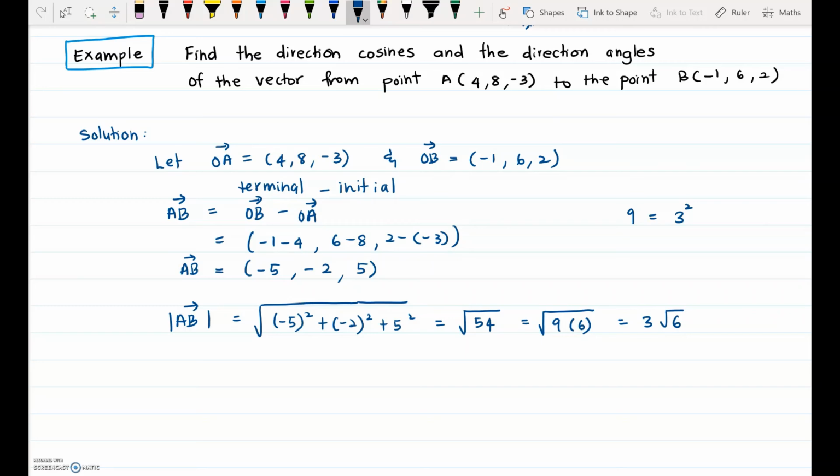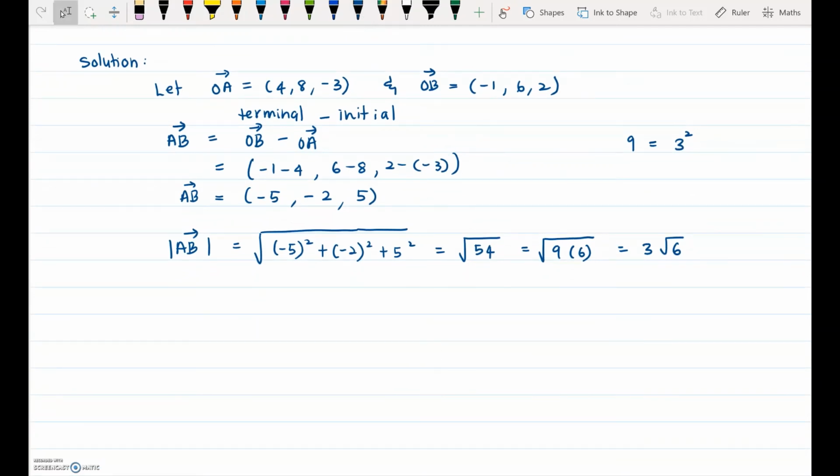Now we want to find the direction cosines. The first one is cos alpha, which uses x. The x is negative 5, divided by 3 square root 6.